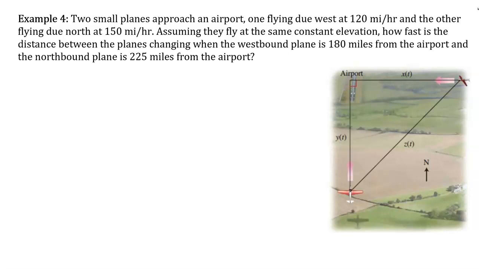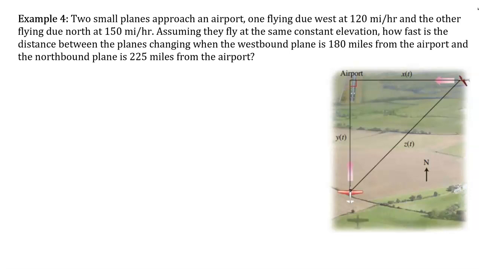Okay, so if we're talking about distance, and that's the same thing as a triangle, then we're talking about the side length of a triangle. So we're talking about the Pythagorean theorem again. So a squared plus b squared equals c squared.